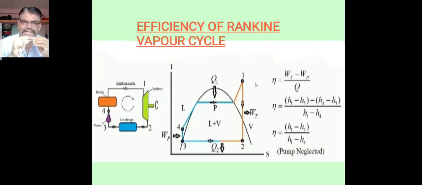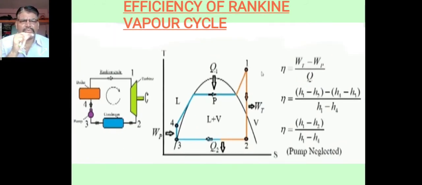So now our interest is how to calculate the efficiency of the Rankine vapor cycle. If you look at the schematic diagram of the Rankine vapor cycle, there is again the boiler, the turbine, the condenser and the pump.